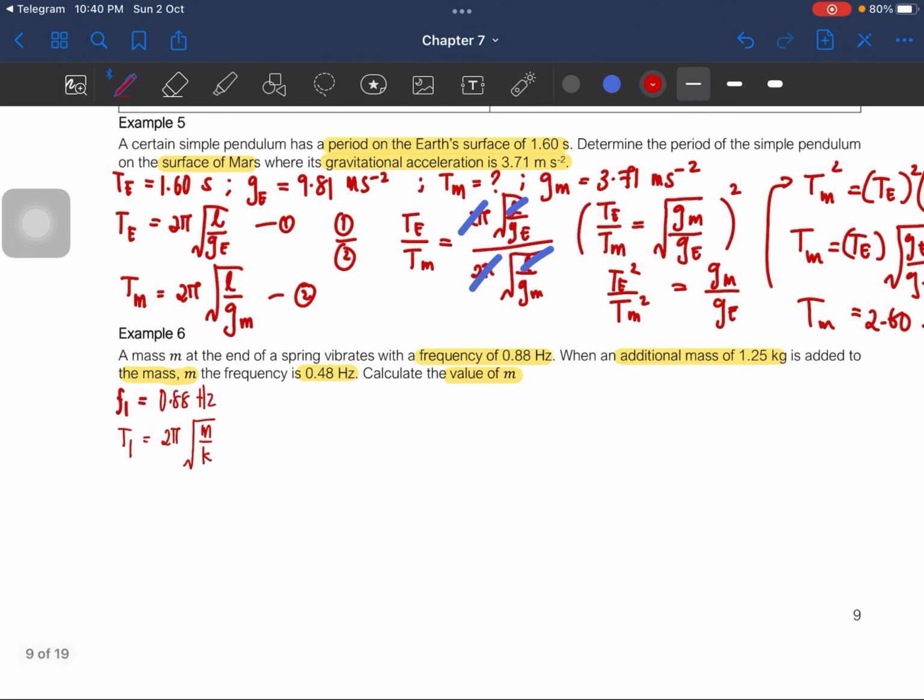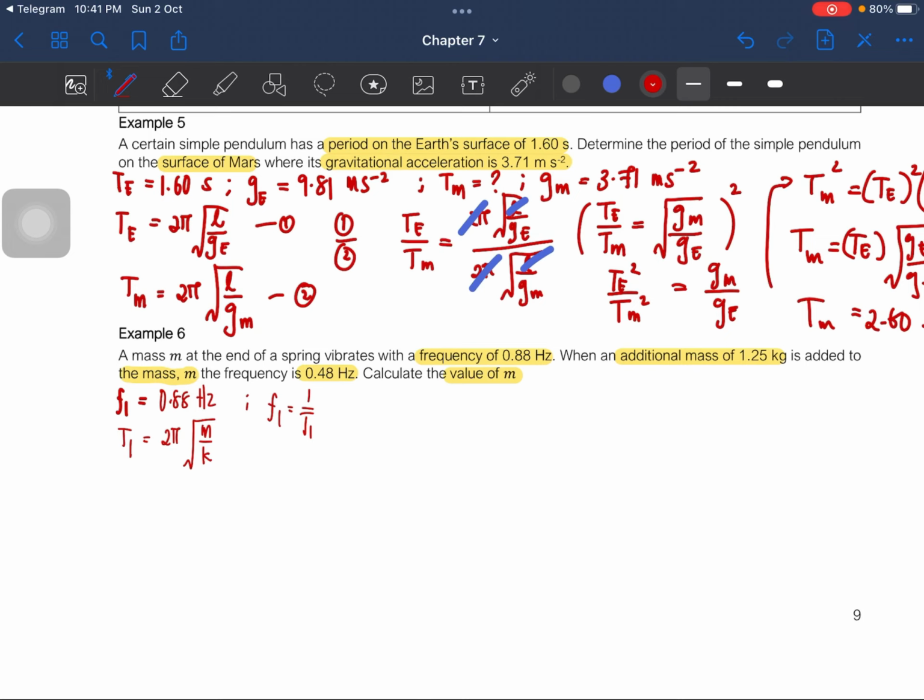Okay, so from here we know that the frequency is equal to 1 over the period. So now we need to find the relationship between frequency and period so that we can use this formula.